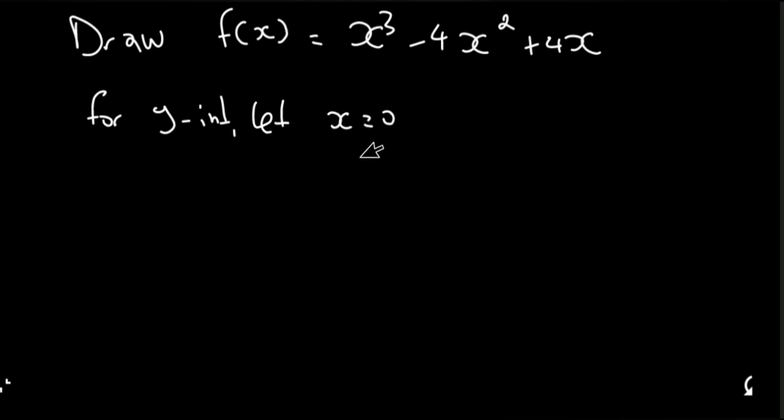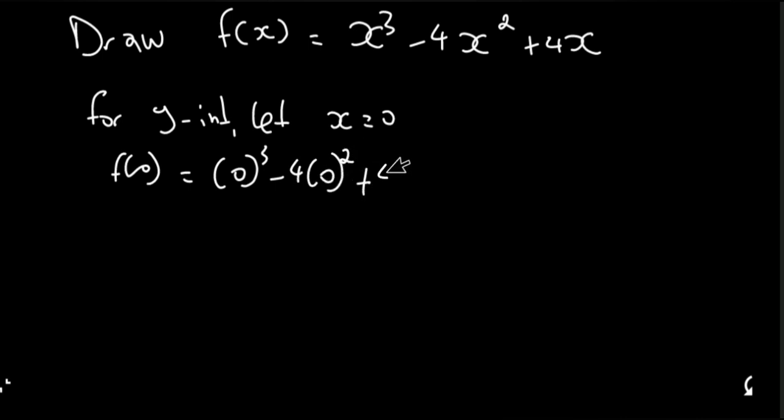Then f of 0 is equal to 0 cubed minus 4 into 0 squared plus 4 into 0. You're going to get 0. So our y-intercept is 0 paired with 0.